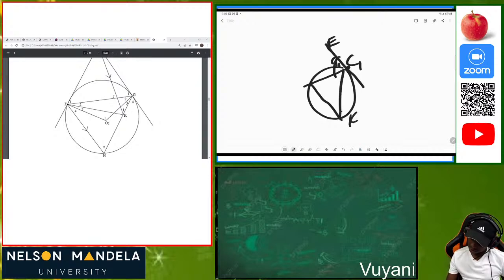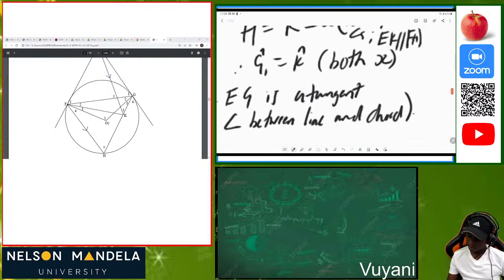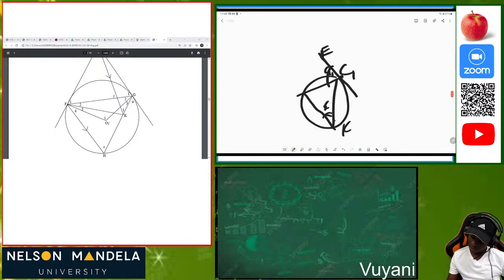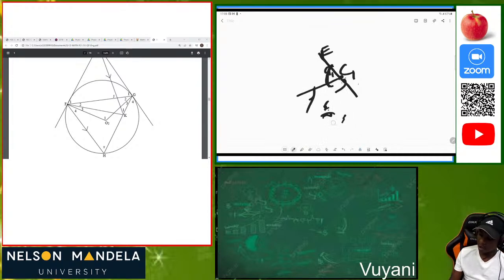So we can see that this angle is equal to this angle because they are both equal to X. So since these two are equal, therefore this is a tangent. You know that the Tan Chord Theorem says that this angle is equal to this angle. This is now the new chord which you are using, and it will be equal to this angle. So that's the Tan Chord Theorem. That's how we prove that question. Anyone with any question?